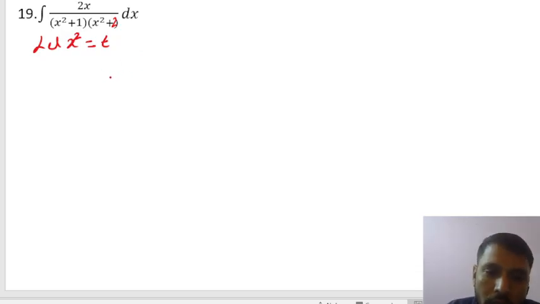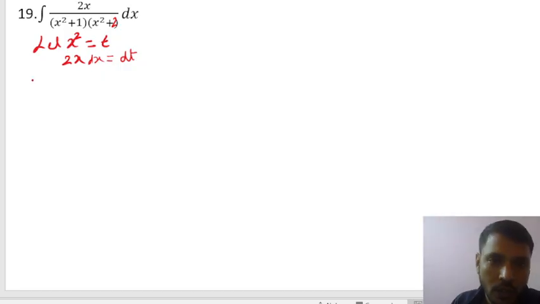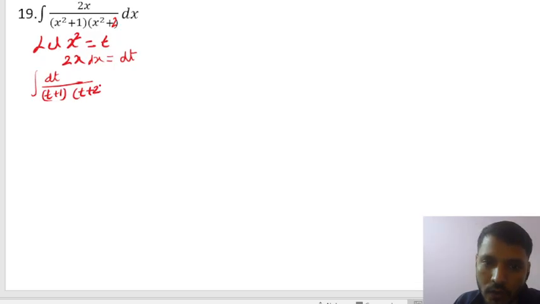So let x square is equal to t. That means differentiation of this will become 2x into dx, and this will become equal to dt. Means now we can write our integration as dt divided by t plus 1 into t plus 2, right?